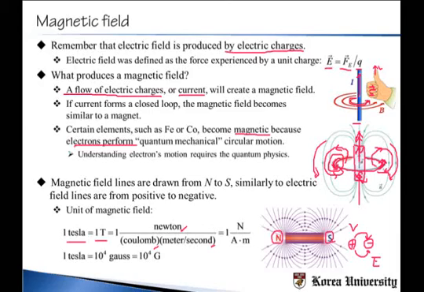This is also equal to 1 Newton per ampere meter. It's a little bit difficult, right? But please remember that as much as you can. Tesla is the SI unit of the magnetic field.